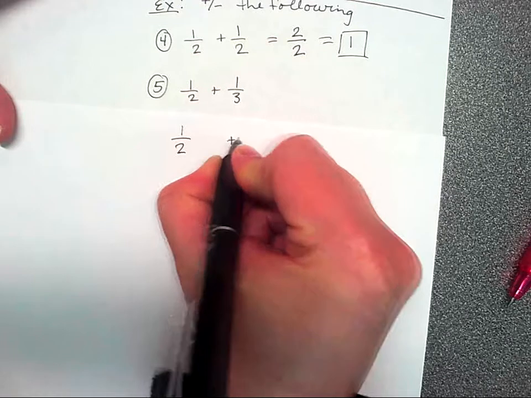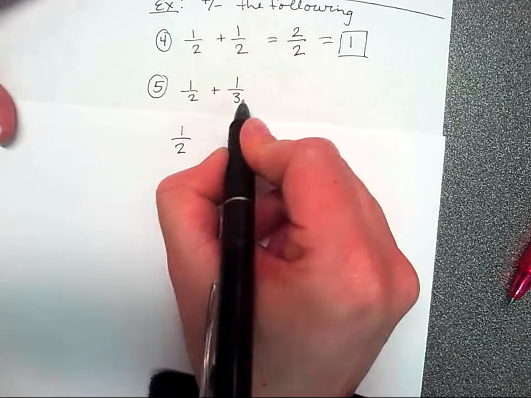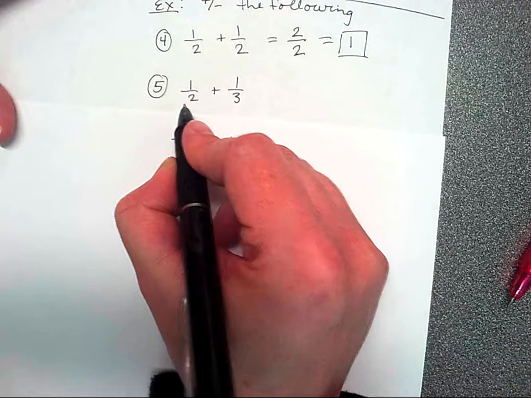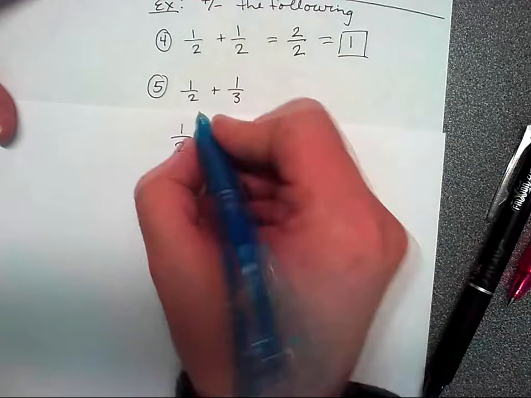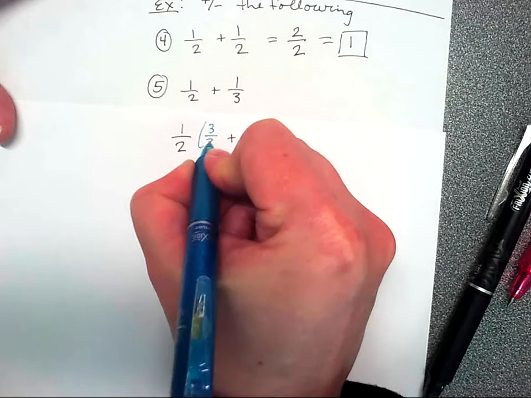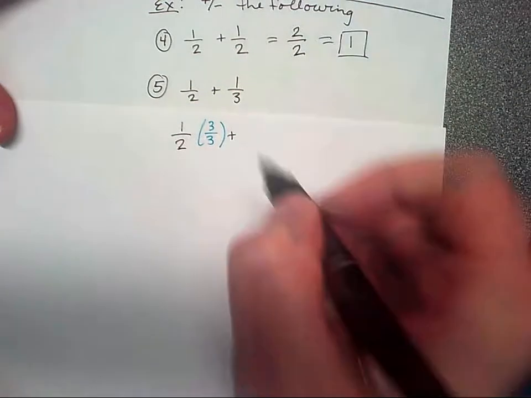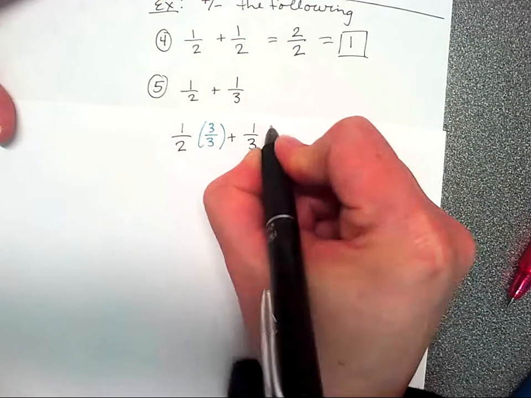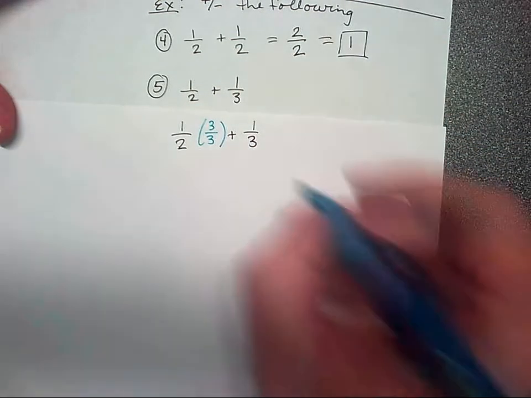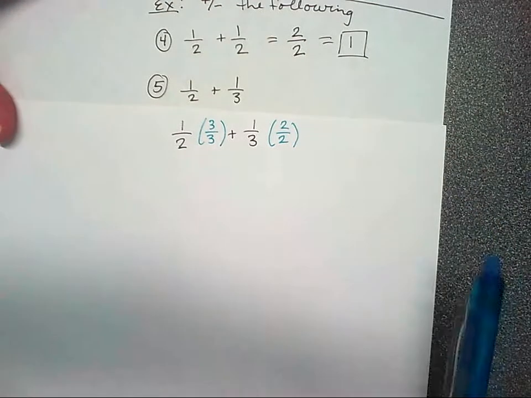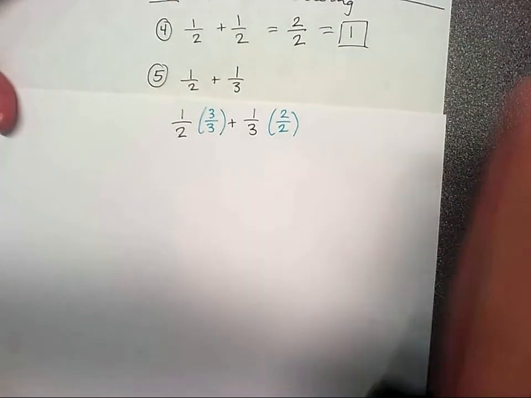Okay, so I'm going to multiply. The common denominator is 6. So I'm going to multiply the first fraction by 3 over 3 because I'm trying to make the denominator 6. For 1/3, what do I multiply 3 by to get 6? 2, and I need to multiply by a factor of 1, right?